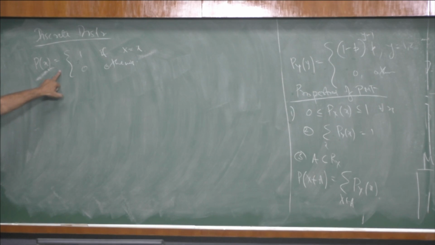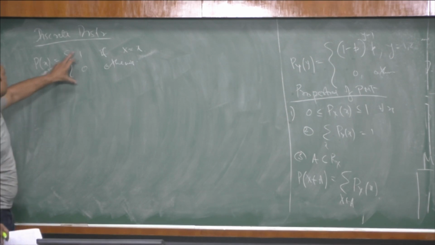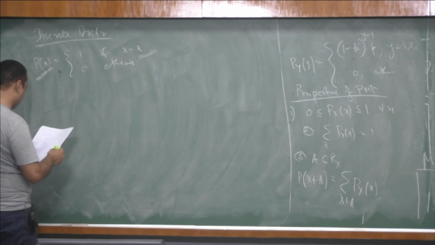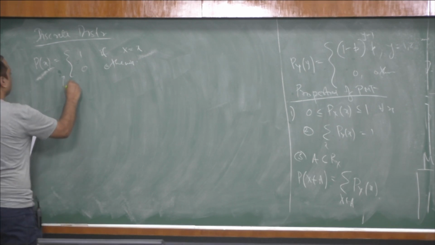Is it random? It's just taking point values, right? Either it's 1 if x is x, otherwise it's 0. That's the simplest one can think of, but it's kind of not interesting. We want to go into a case where at least we have two possibilities. So this is not interesting.